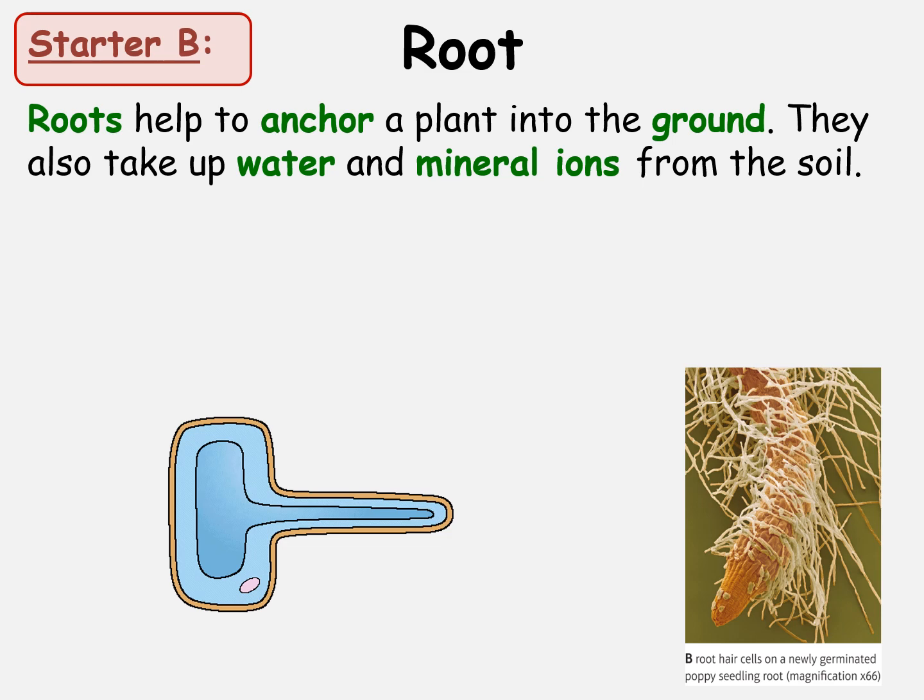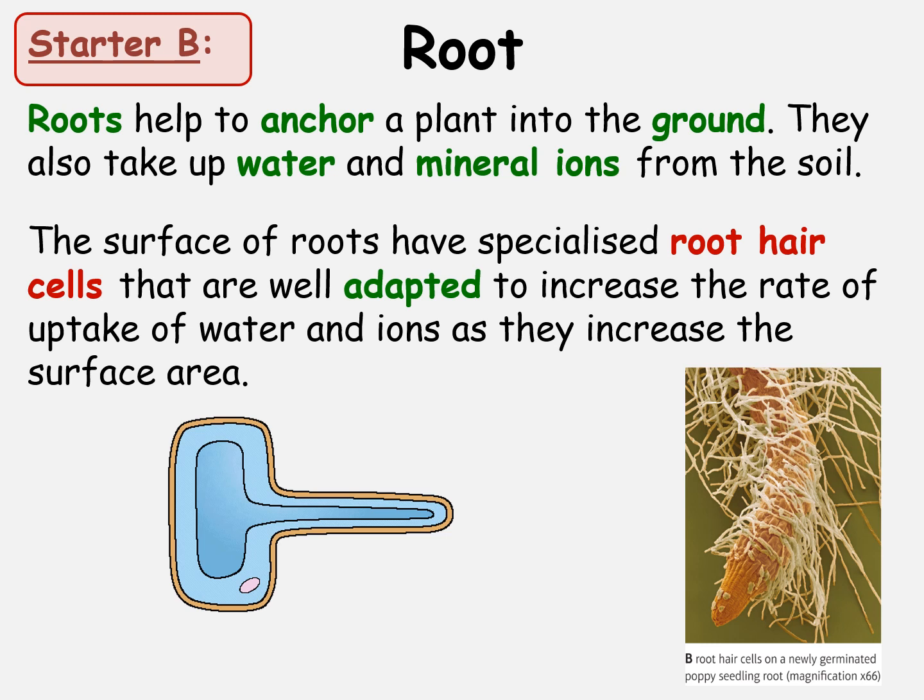If you have a quick look at the root that you can see in the bottom right hand corner of the screen, you'll see that there are some hair-like structures that are coming off it. Now you may remember that these hair-like structures are actually really specialised cells called root hair cells, and they're specialised because of that hair-like structure, which is there to increase the surface area.